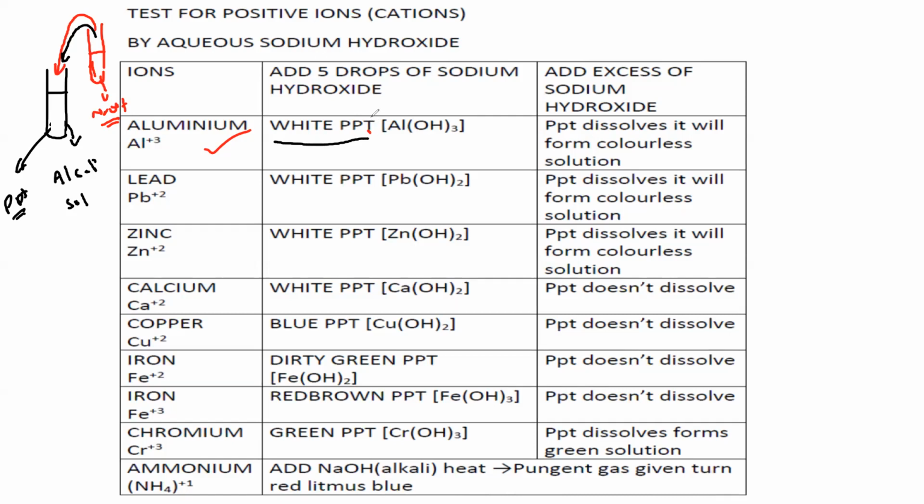But you have to learn; actually there is no way around it, you have to memorize the color of the precipitate. If aluminum is there, it will be a white precipitate which will dissolve to form a colorless solution. The same thing happens for lead salts as well.